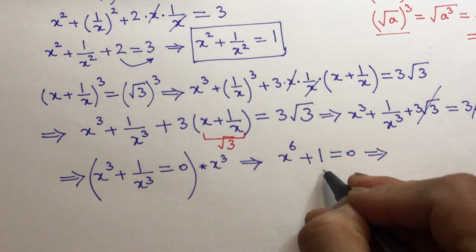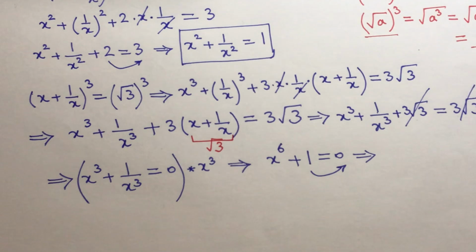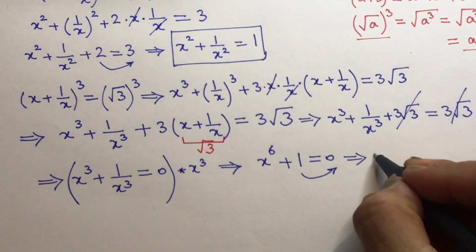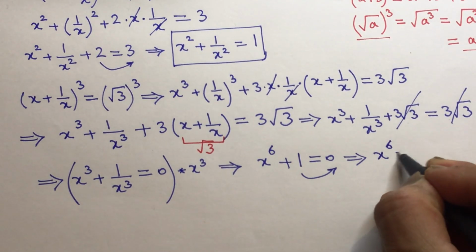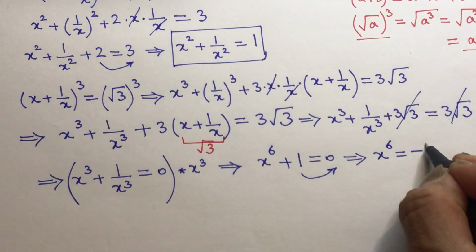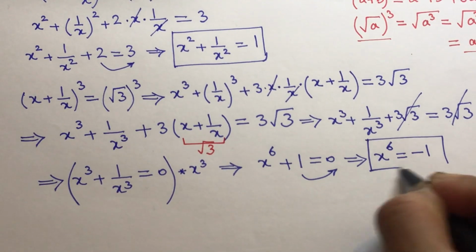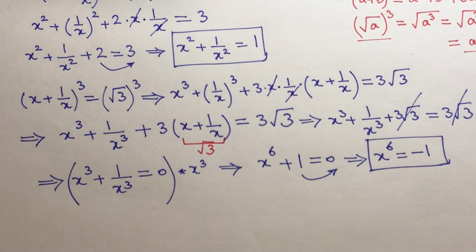And so by taking this 1 to the other side, x to the 6 equals minus 1. This is another result we can use to find the main problem we asked from the beginning.